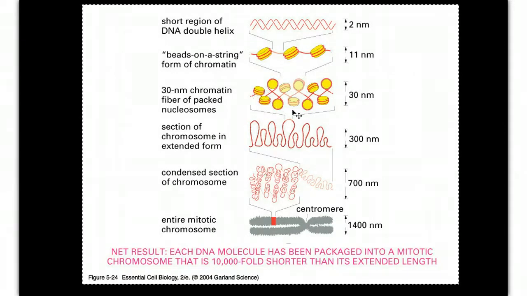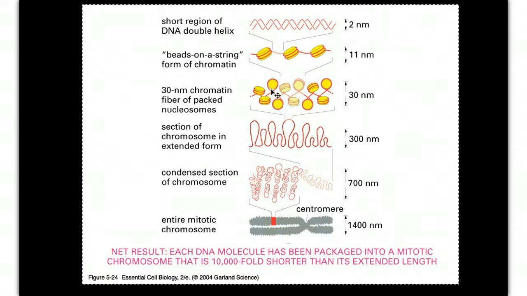These histone proteins are associated with each other. Notice that it says that 30 nanometer chromatin fiber is packed nucleosomes. So this DNA with the histone protein is called a nucleosome, but it's just wrapped around each other.